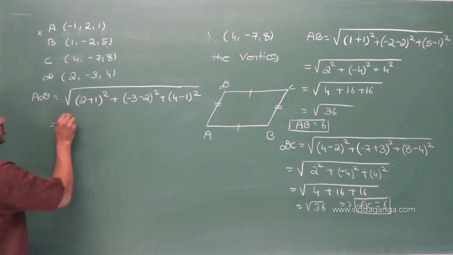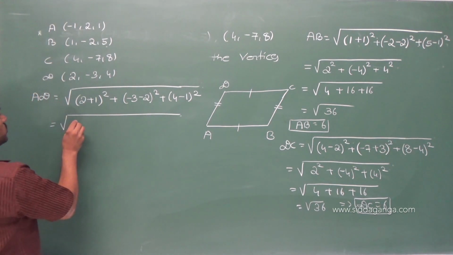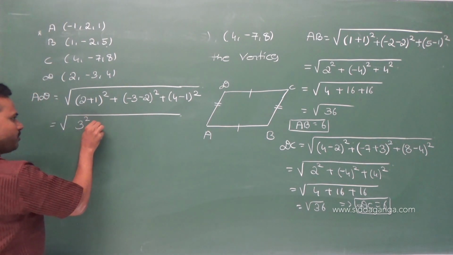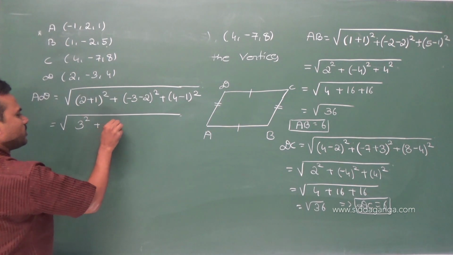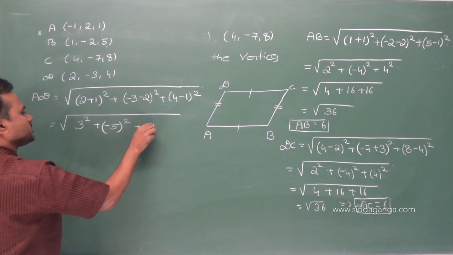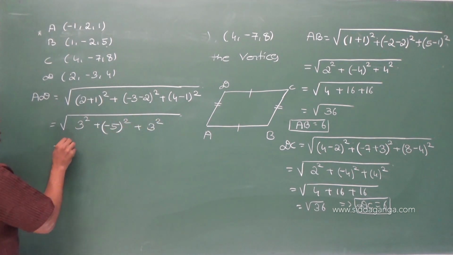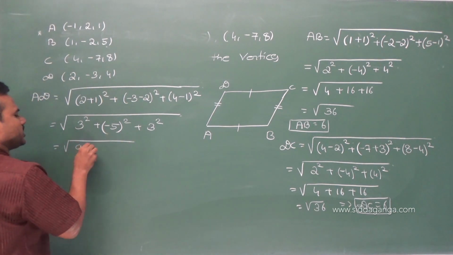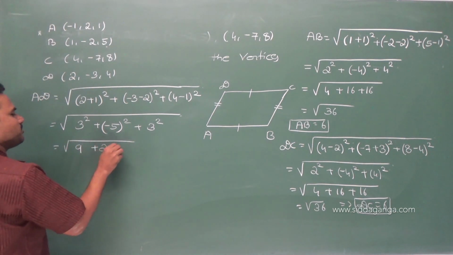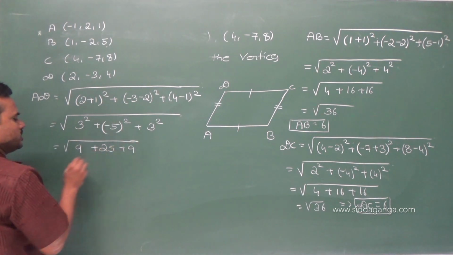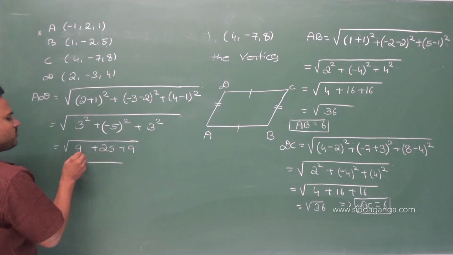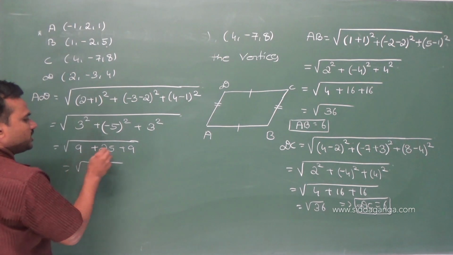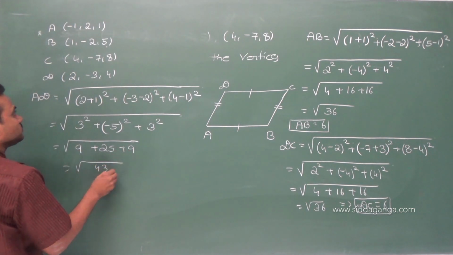That is equal to the square root of (2 plus 1) which is 3 square, plus (-5) whole square, plus 3 square. 3 square is 9, plus 25, plus 9. Calculate it: 25 plus 9 is 34, 34 plus 9 is 43.